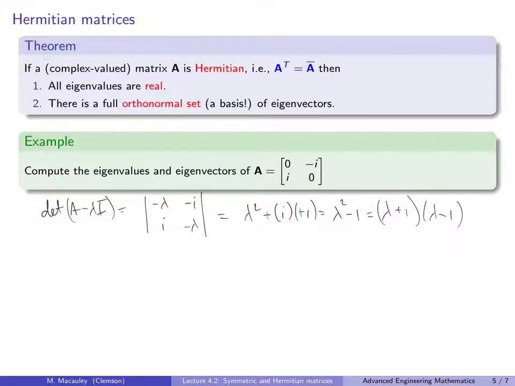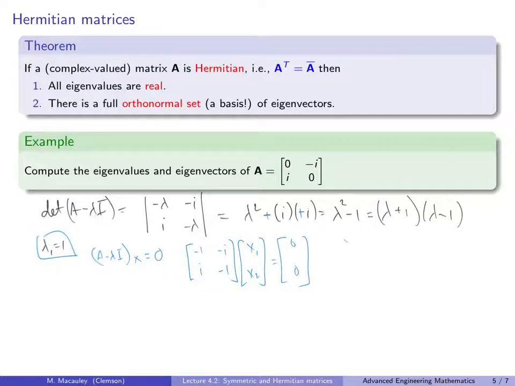And why are the eigenvectors orthonormal? Or why can we find a full set of orthonormal eigenvectors? Let's check. Let's say lambda 1 is equal to 1. Then let's compute A minus lambda I times x equals 0. Plugging 1 into this matrix, we get negative 1, negative i, i, negative 1, times x1, x2, equal to 0, 0.